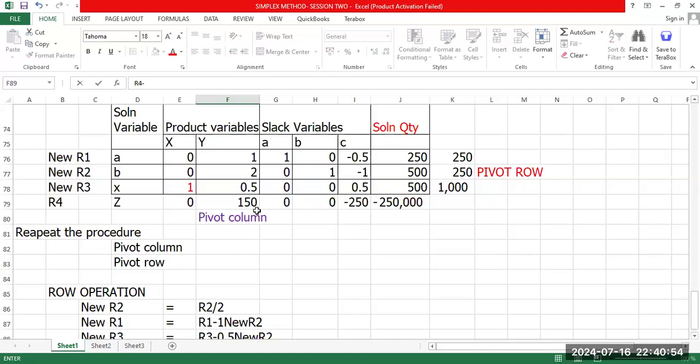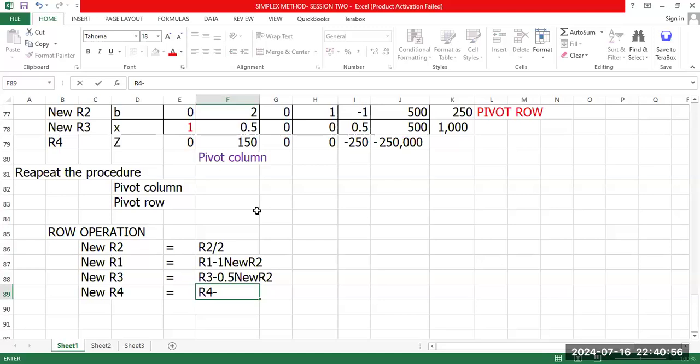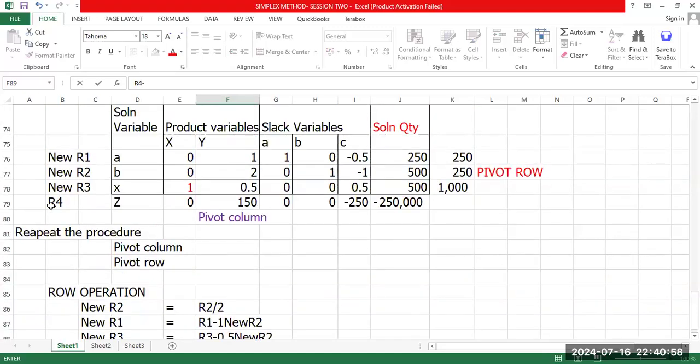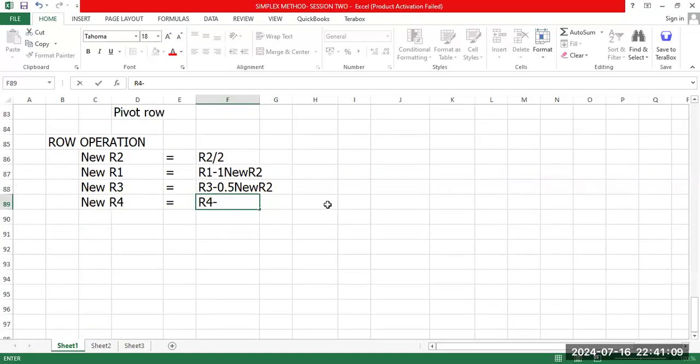Which figure is that? This is row 4. The figure you want to change is what? It's 150. Then times what? Times our constant, new row 2. Perfect. So you have the formulas.